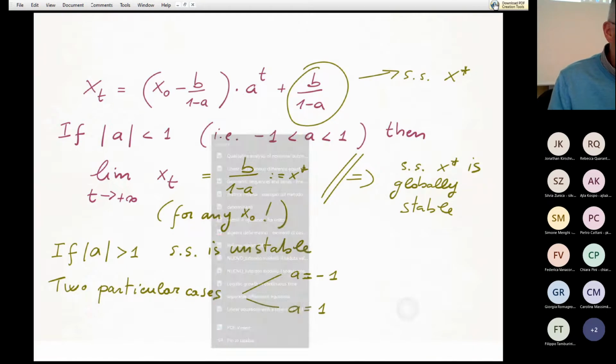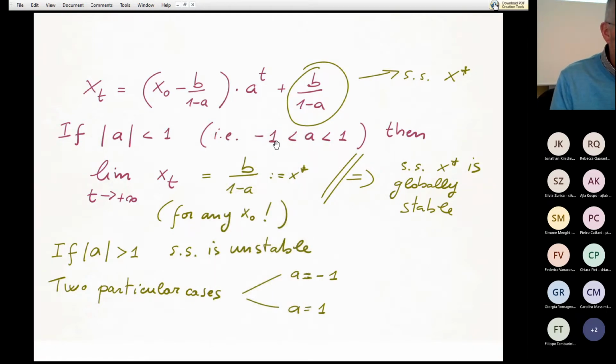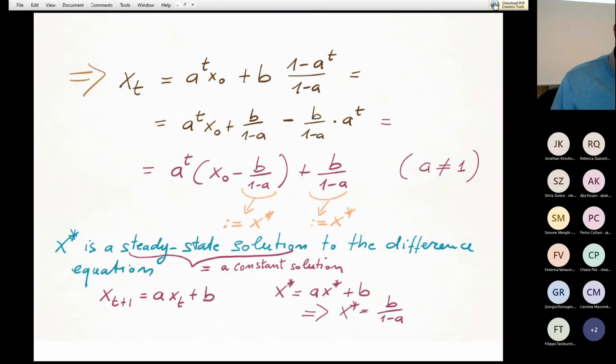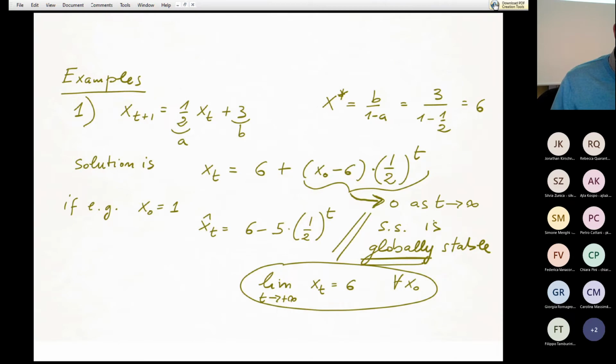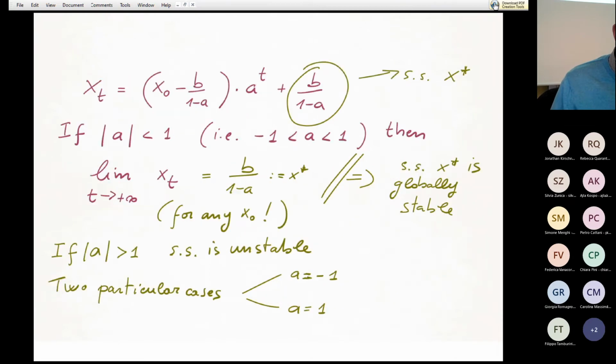If A is smaller than 1 in modulus, between minus 1 and 1, our steady state is globally stable. However, if A is positive, okay. If A is positive, we have an example of, say, monotonic convergence. But if A is negative, we have jumps up and down.